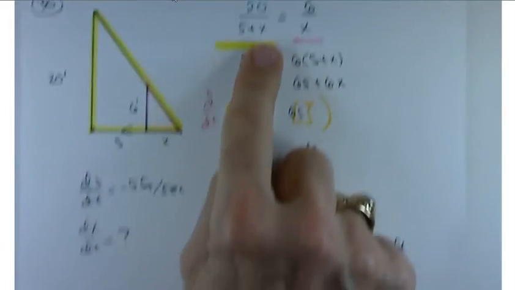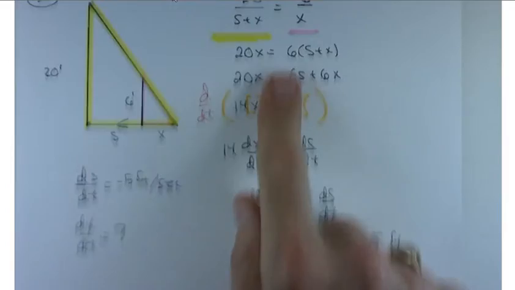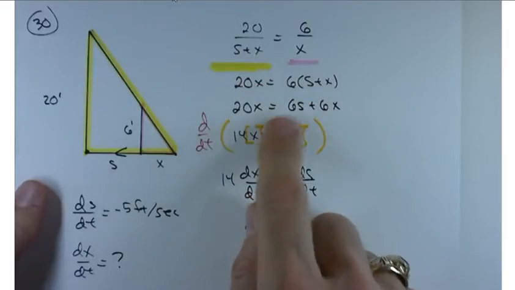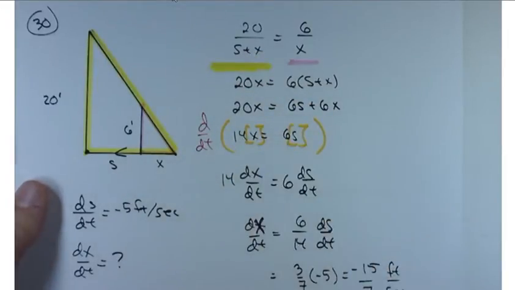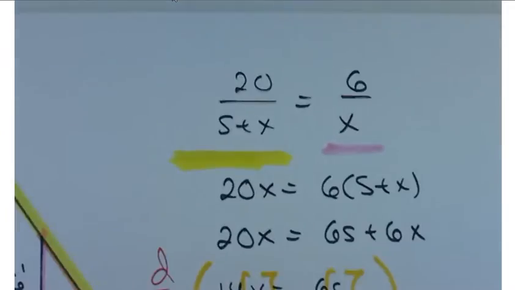In order to get an equation that involves ds dt or dx dt, you're going to have to differentiate something. All right. So we had an equation. I could have differentiated it here, but I played with it and I made it simpler. What would be the problem or difficulty differentiating with respect to x, say right here?